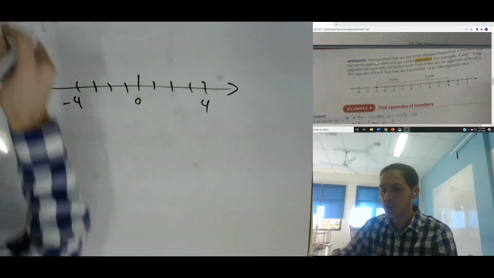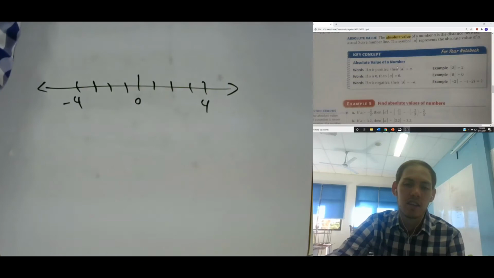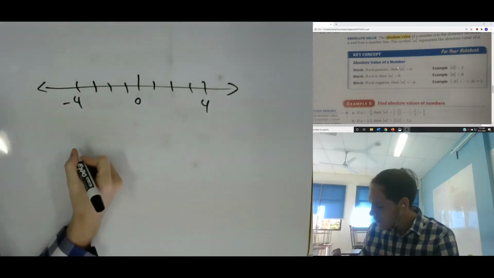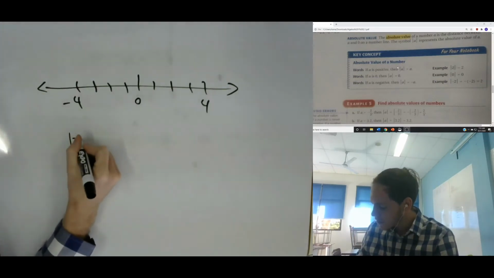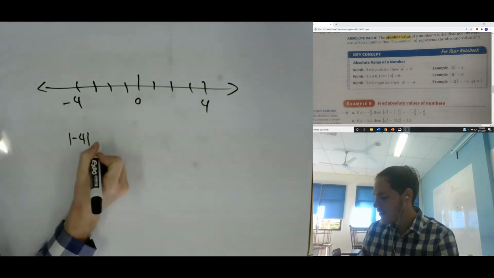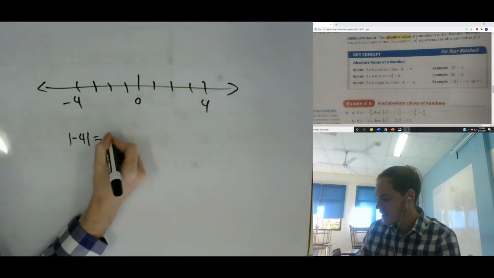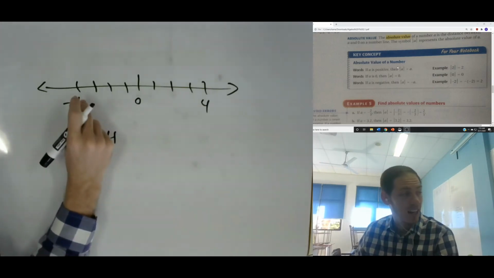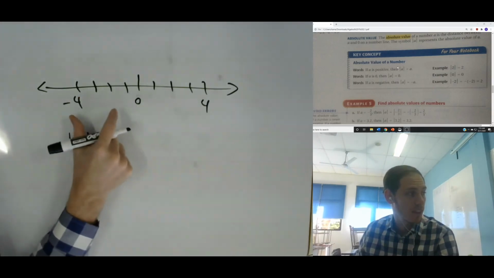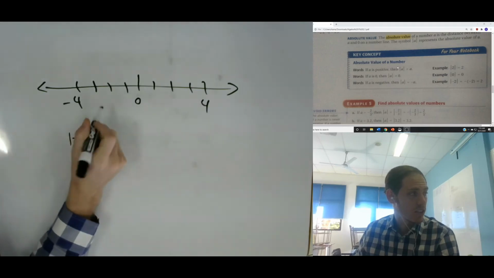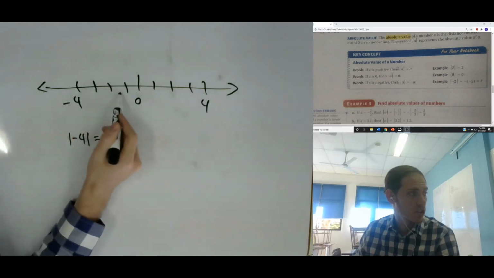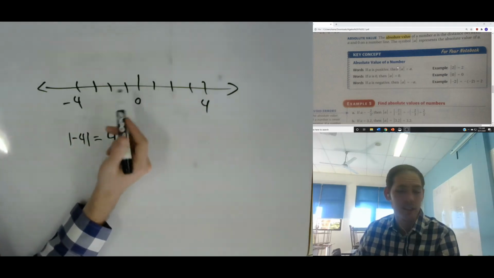And a crucial idea is that if you have the absolute value of a number, either negative or positive, it will always generate a positive because it's telling you the distance between that number and 0. So it's like 4, okay, 1, 2, 3, 4. Okay, it's 4 spaces.